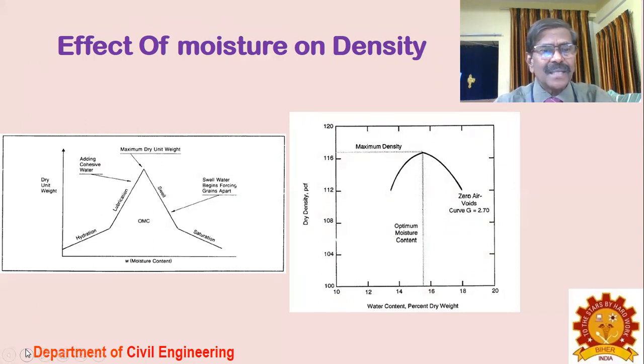So there is some moisture content where the dry density will be maximum. The moisture content at which the maximum density is attained, you call the optimum moisture content. That is the optimum moisture content where your dry density will touch a maximum value, and that you call the maximum compaction.